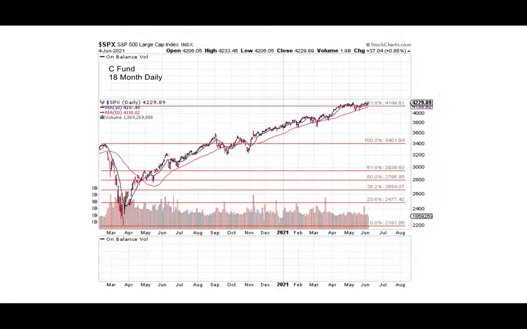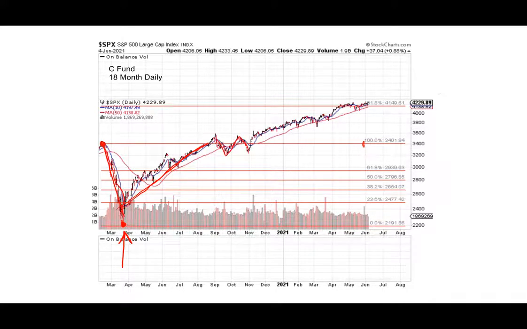If we bring it in a little bit closer, now we're at the bottom of March 2020 from the coronavirus collapse, right? So we use the same Fibonacci tool, right, where this high is the 100% and the low in March is the 0. So you can see when we got back up here to 100, right, we regained 100% of the move that we had lost.